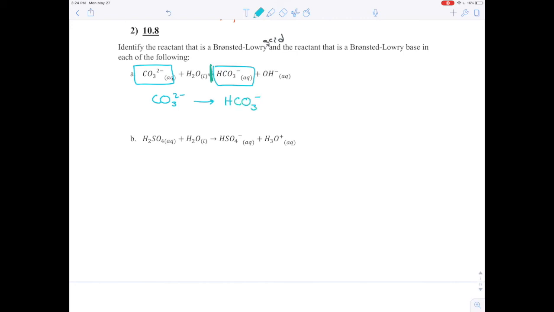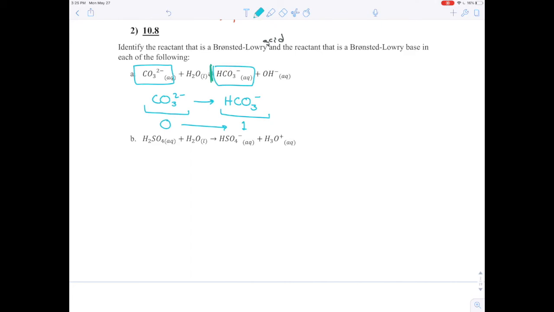And we want to know whether this is acting as an acid or a base. That depends on whether it's accepting or donating H pluses. CO3 2- has no H pluses in it. HCO3- has one H in it, an H plus. So the molecule starts from having none to having one.